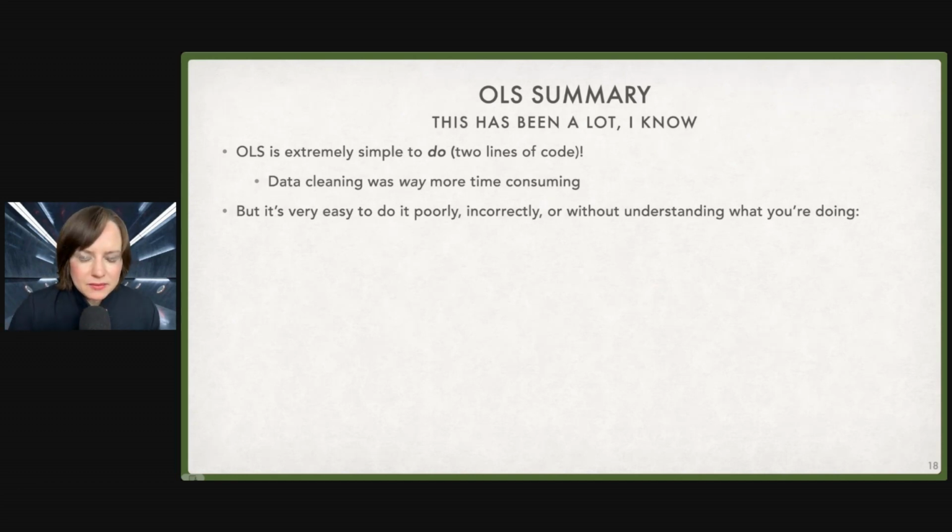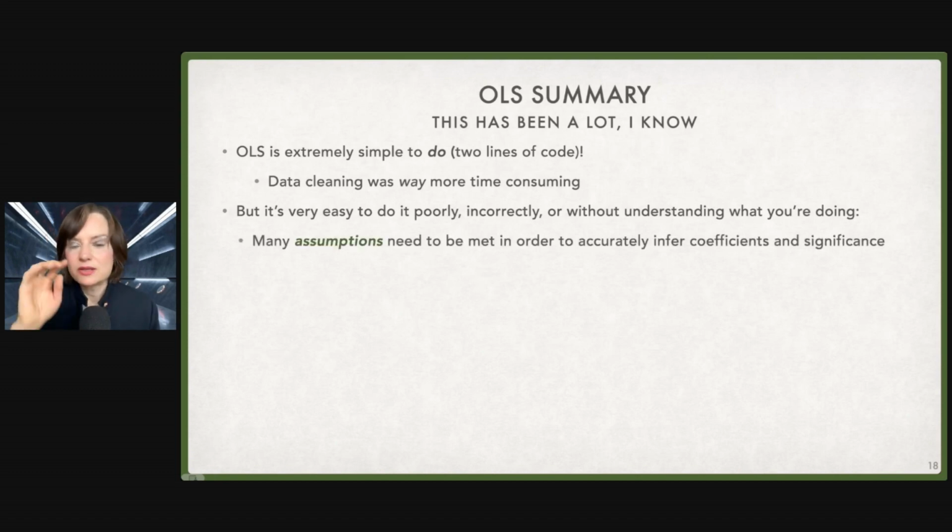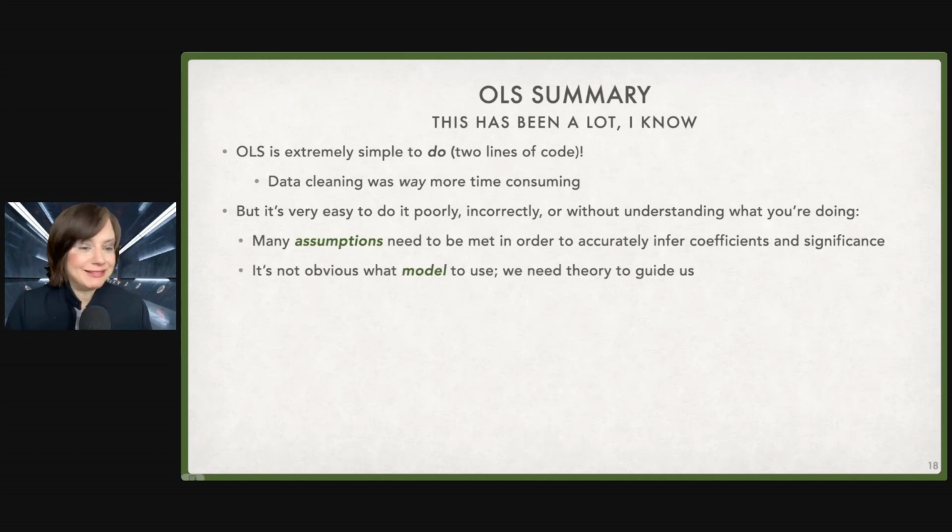It's too easy to do OLS poorly, incorrectly, or without understanding at all what you're doing. And I'm sorry to say, I see it everywhere. So many assumptions need to be met in order to accurately infer coefficients and significance. It's almost never obvious what model to use. Should we have 1 independent variable? Should we have 2? Should we have 3? How are those variables related? We've assumed that they're also just additive, but there are other relationships our independent variables could have.